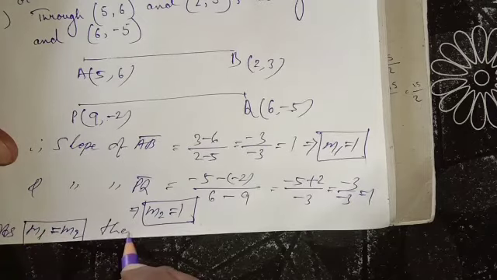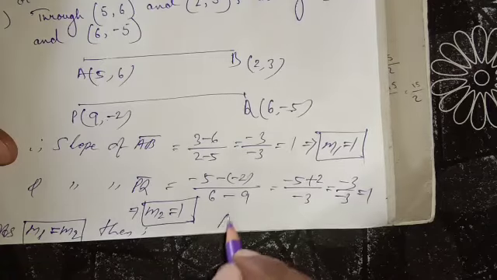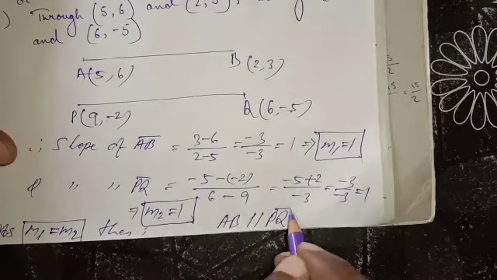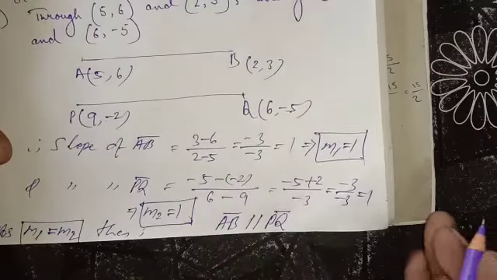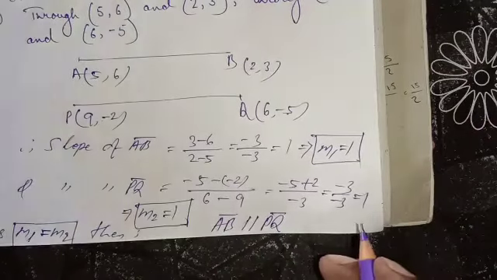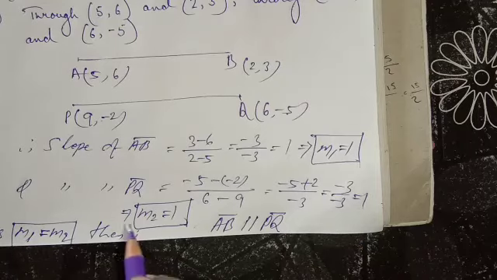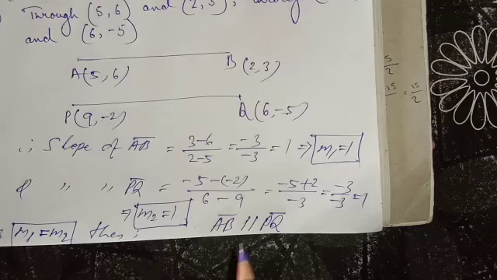Then it is clear that line AB is parallel to line PQ. Whenever the product of the slopes gives you minus 1, that is m1 into m2 is equal to minus 1, then the two lines will be perpendicular. This is the way of solving.